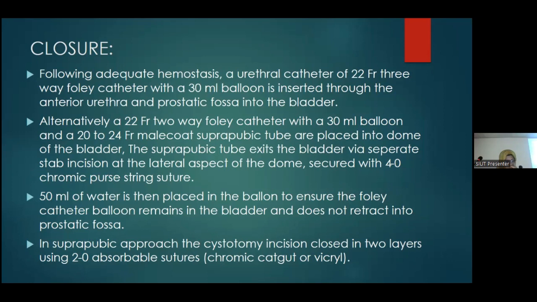It is very important that when you are going for open prostatectomy, your field should be very clear. Without a clear field, if you operate and remove the prostate, there will be two horrible complications. One is bleeding and the other is closed bladder neck because of improper closure for hemostasis.